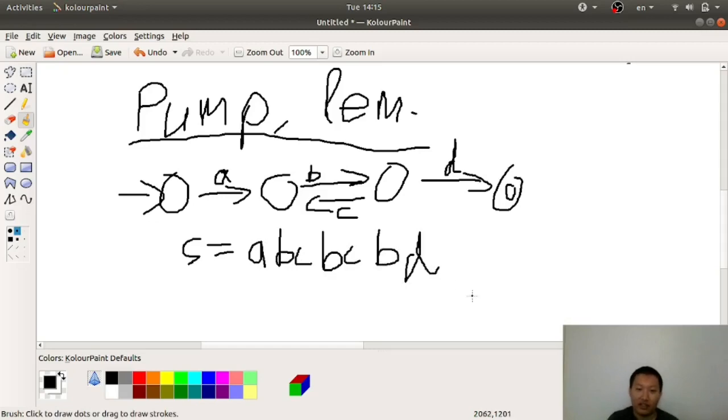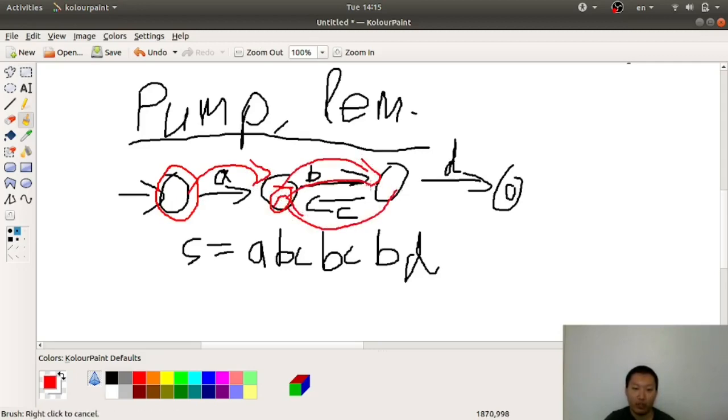Okay, so the first thing to do is let's check whether this string is in our language or not. So we start here at the start state like we always do, and then we follow the A, and we land here. We follow the B, and then the C arrow, and then the B arrow, and then the C arrow, and then the B arrow again, and then the D arrow. So you can see that we land up in the final state, and that means S is in our language.